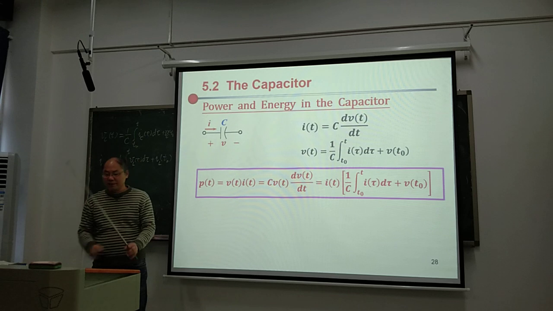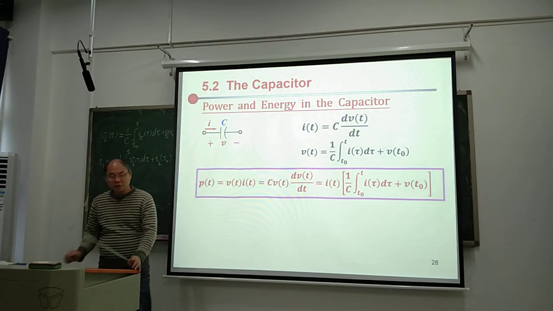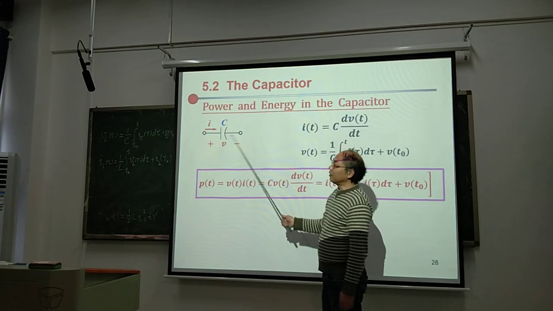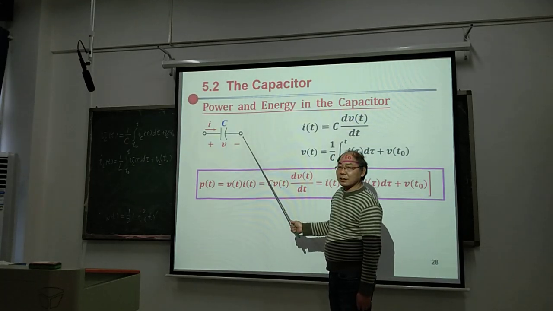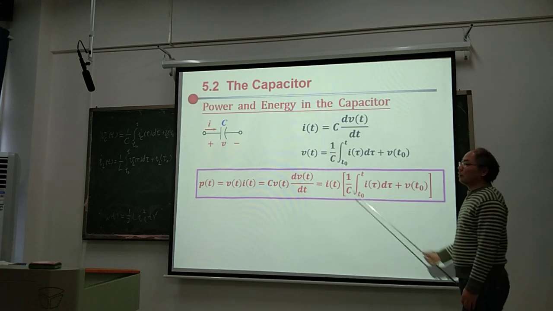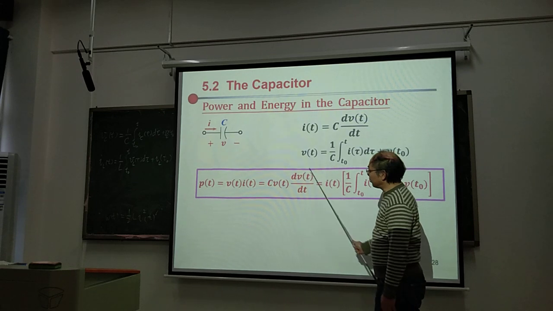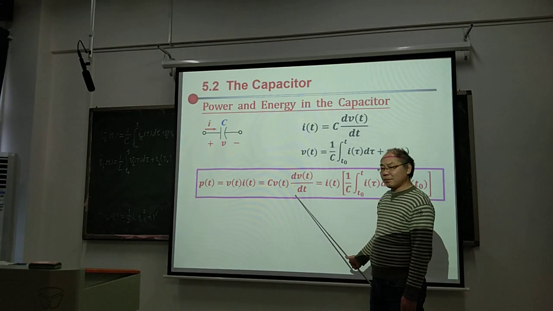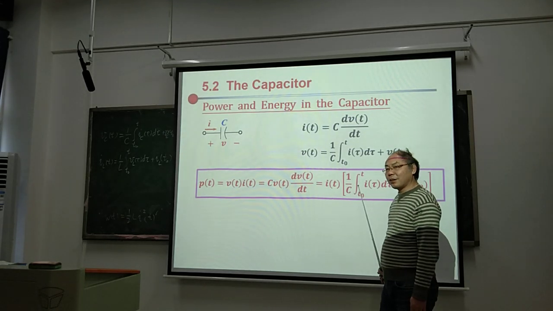Anyway, we can calculate the power. If we know the current through the capacitor, we can use this way to calculate. If we know the voltage, we can use this way. Maybe this way the calculation may be simple, and this may be difficult.